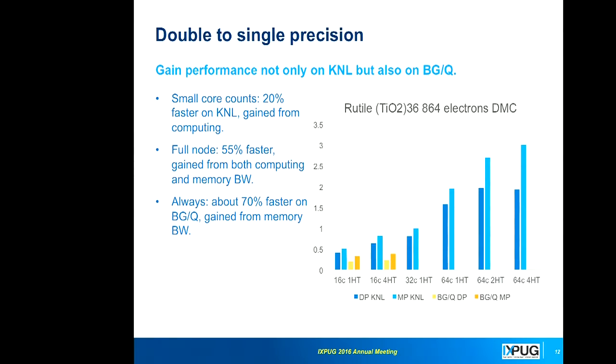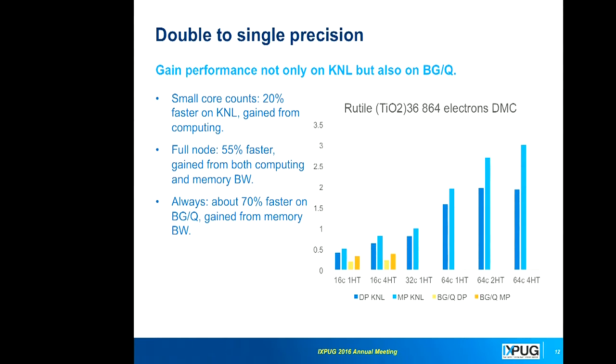When we have small node counts, we only see about 20% faster code on KNL. There's a clear reason, because the vectorization is poor. So you should not expect 2x directly from changing the precision and using more flops.